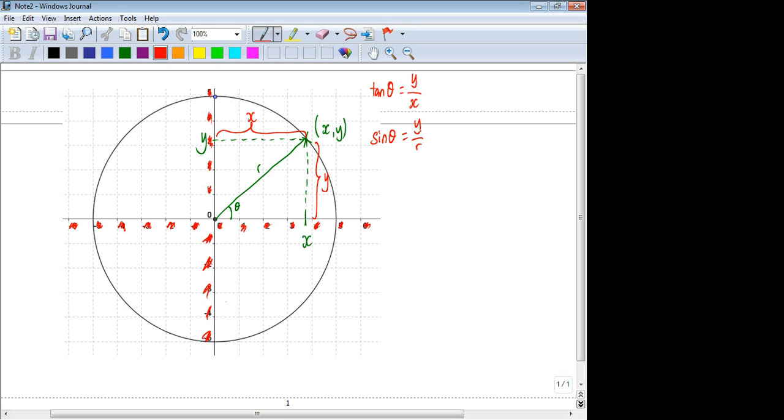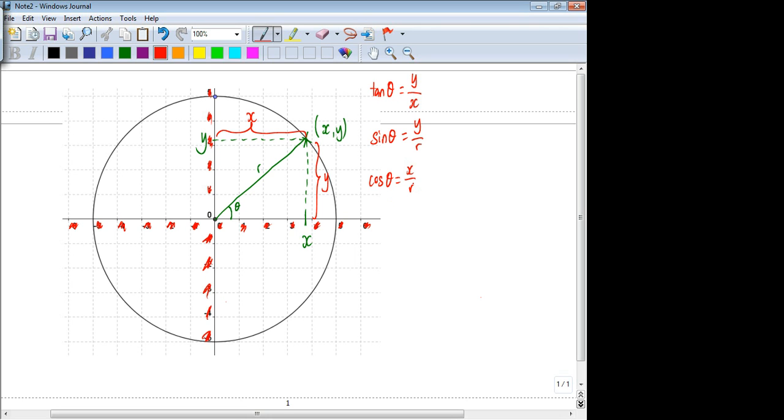And of course, the last one must be cosine. It will be your adjacent, which is X over the radius. Okay? So now I have described your theta with the three trigonometric functions in terms of X, Y, and R.